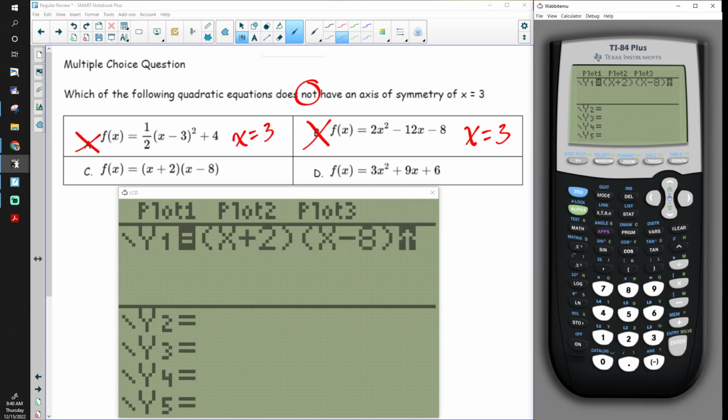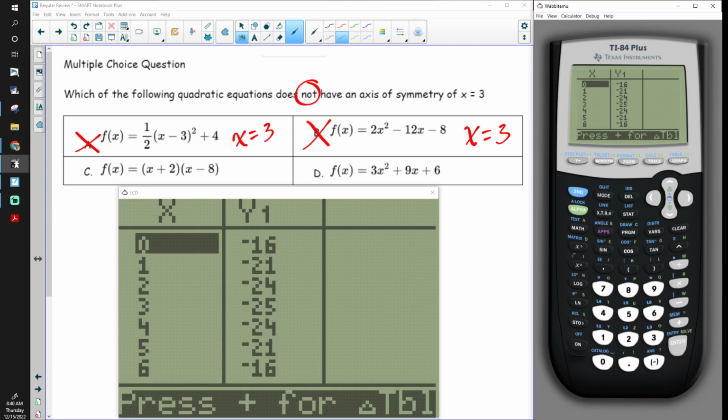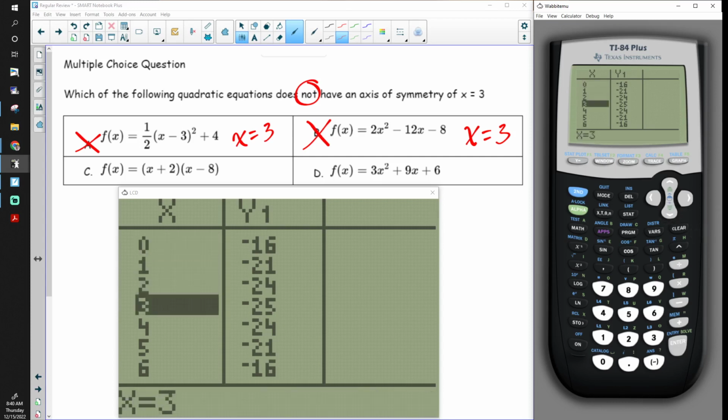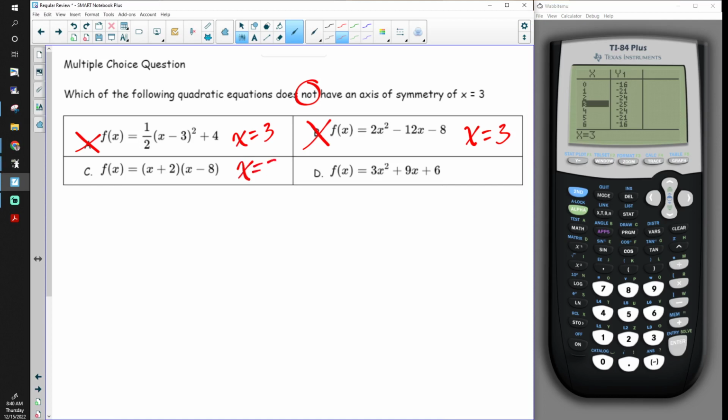And I'm going to go to my table, second graph, and I'm looking for that sandwich. And there again, here's our sandwich. Negative 25 is sandwiched between two negative 24s. So that means my vertex is at 3, negative 24. My axis of symmetry is, again, 3. So C has an axis of symmetry of x equals 3.